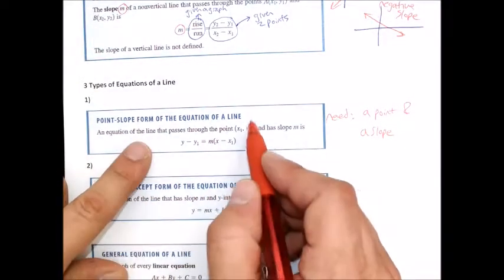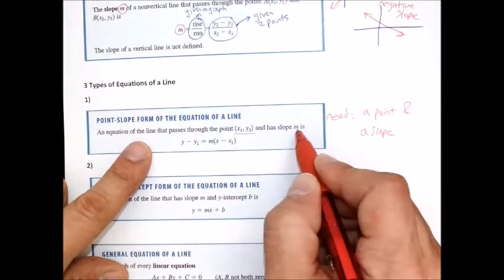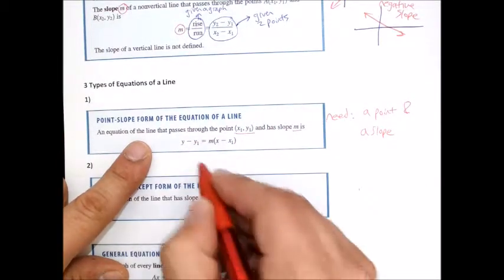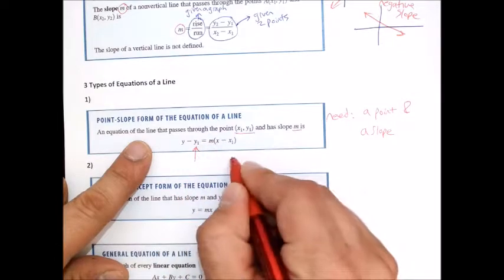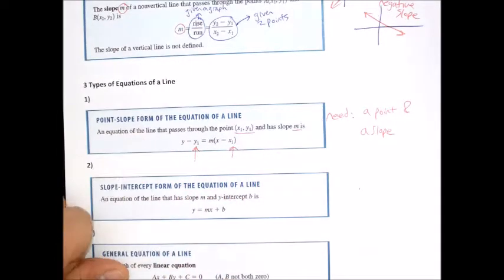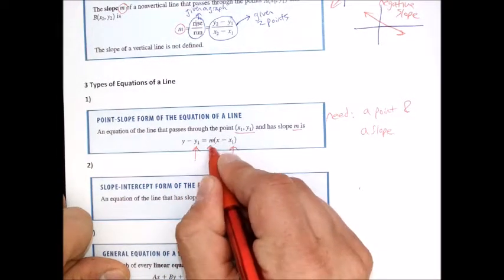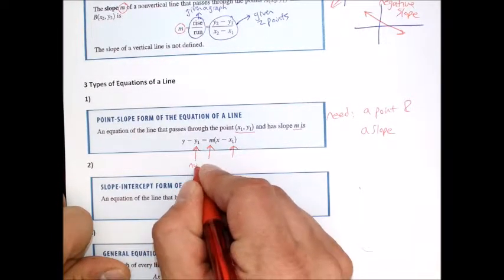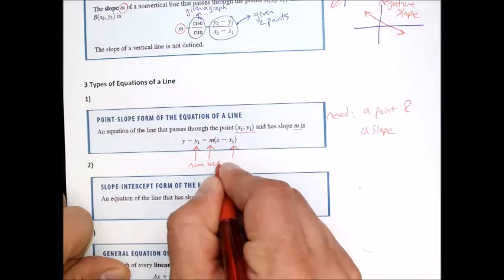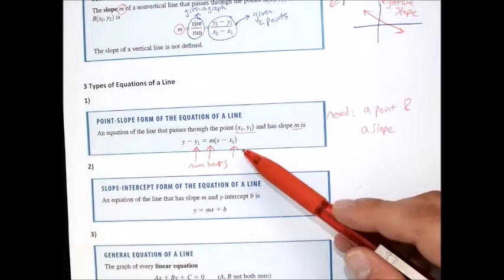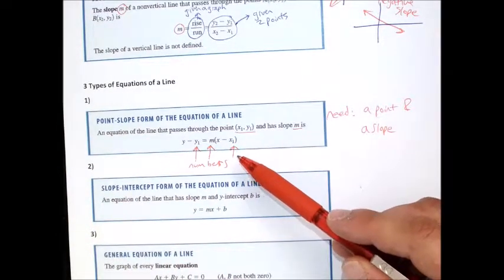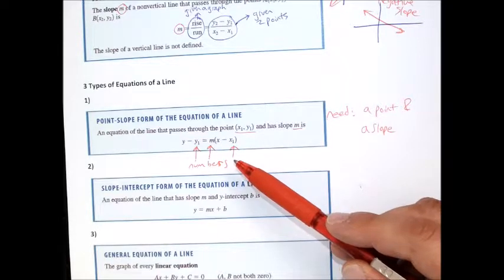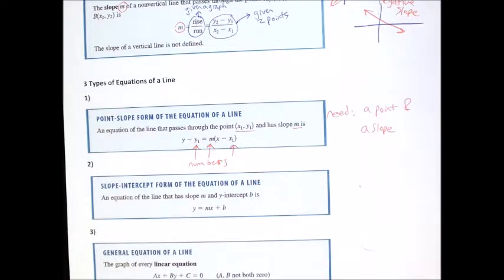Notice that we have the point (x1, y1) and slope m. You can see that x1 and y1 go in those 2 positions, and m goes right here. These 3 things are numbers. Everything else in that equation, the things I'm not pointing to, are variables.